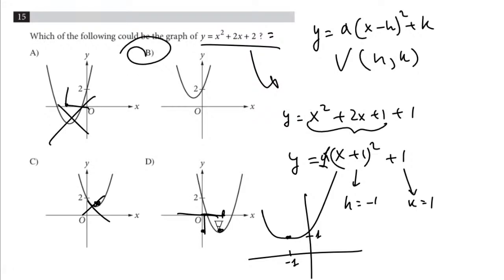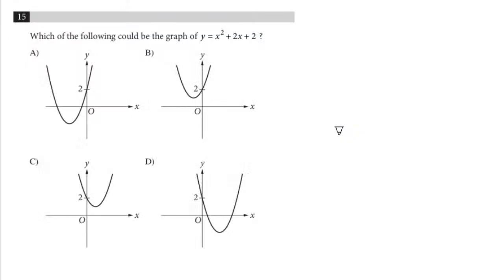So simple. Another method, let me delete all of this. Another method is just to check the points where it crosses the y-axis. So we can check by B. What does B show us? Like x squared plus bx plus c.